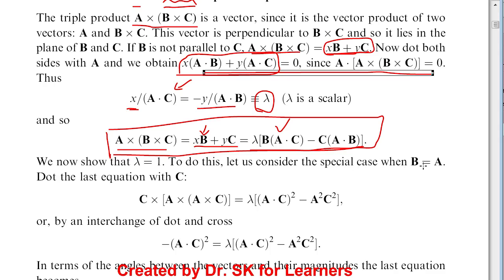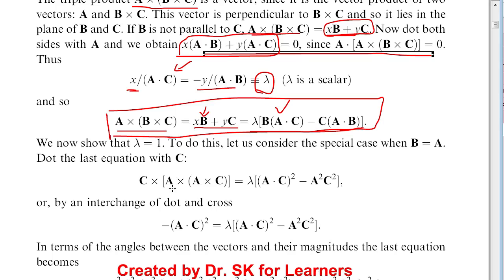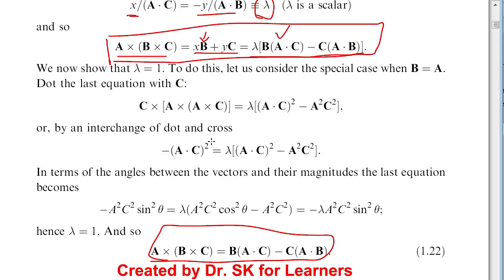In a special case, when A vector equals B vector, we will have, see this thing is expanded here, A cross C, since A is equal to B. So you will get the output as, since B will be going here, you will get AC minus A square C square, and by interchanging the dot product you will get this.